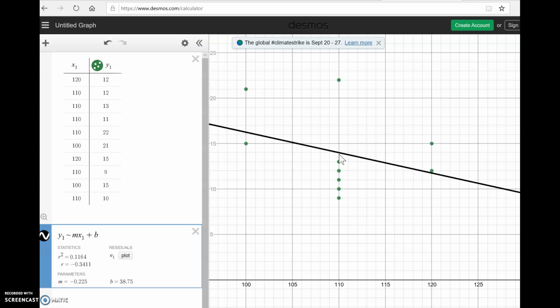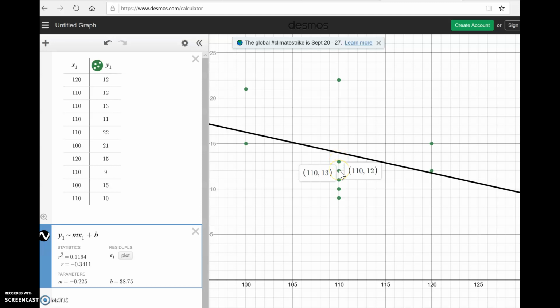But you can see this is the prediction. All the information I have for the calorie of 110 does not fall onto 110, 14 grams. So this is only a prediction, but it's a really pretty close prediction.